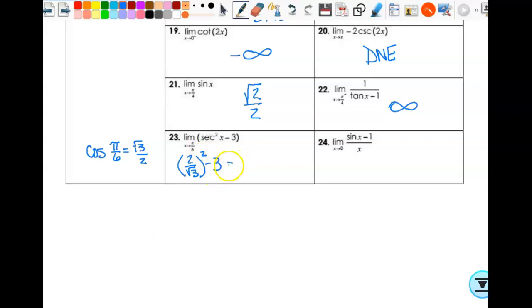Squaring a fraction is easy. We square the numerator and denominator. So this is going to give me 4/3 minus 3. Need a common denominator, so I'm going to change that to 9/3. So my answer ends up being negative 5/3. Okay, we good? All right.